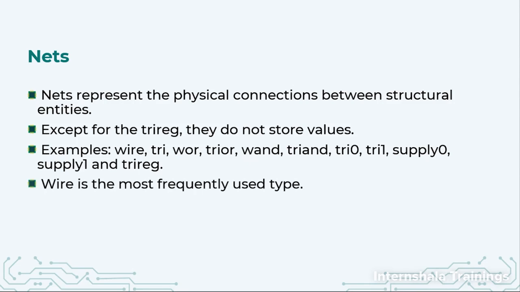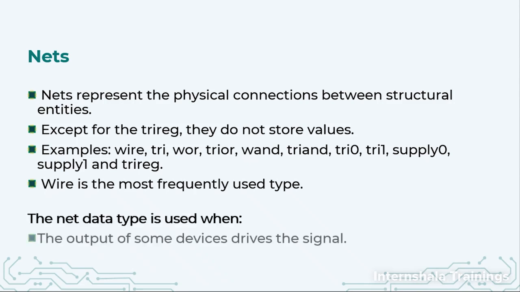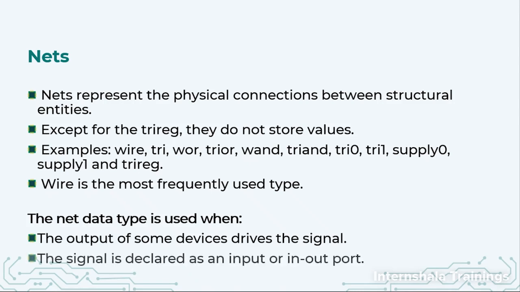Among all of these, wire is the most frequently and popularly used type, and we use the net data type when the output of some device is driving the signal. The signal is declared as an input or the in-out port. In that case, we use wires. So basically, we will use them mainly on the input side or in between the computational stage.